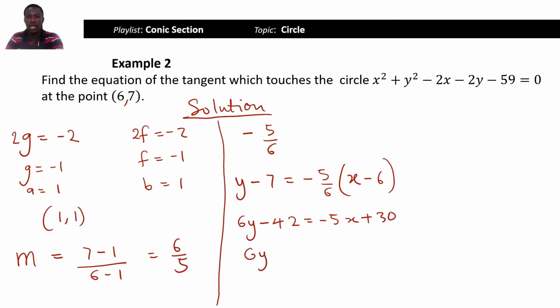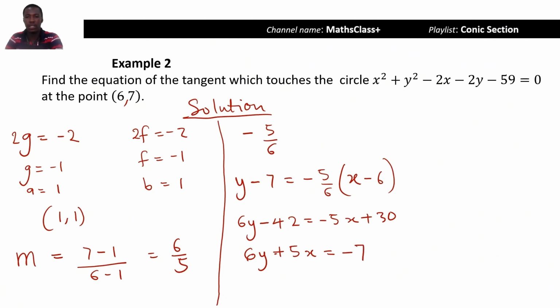So 6y plus 5x will be equal to positive 72. So that will be the equation of the tangent line at (6, 7).